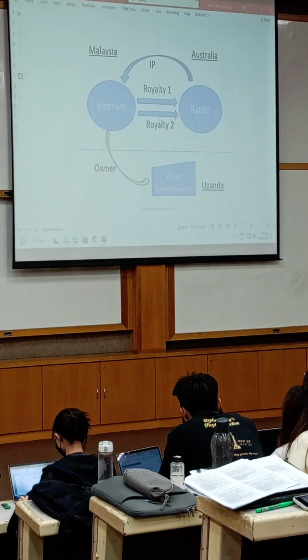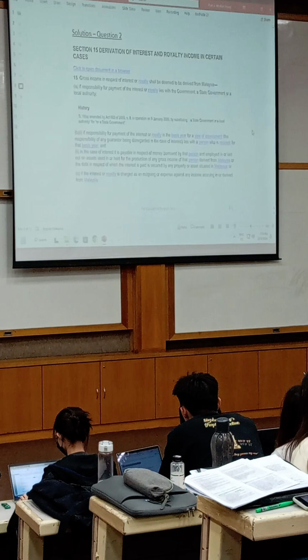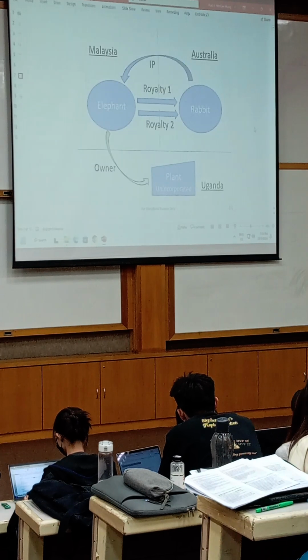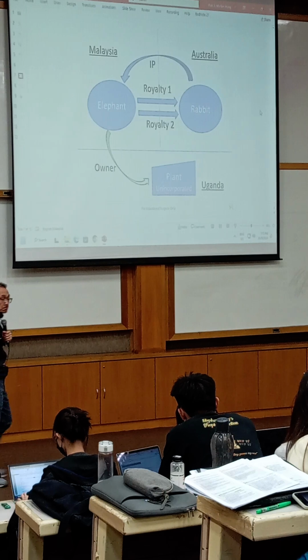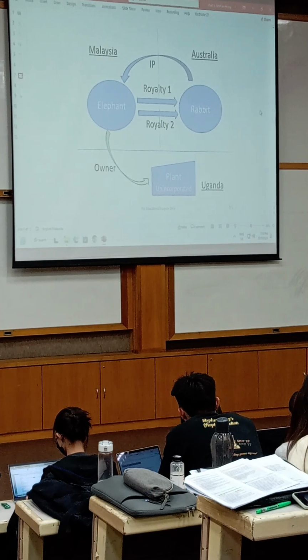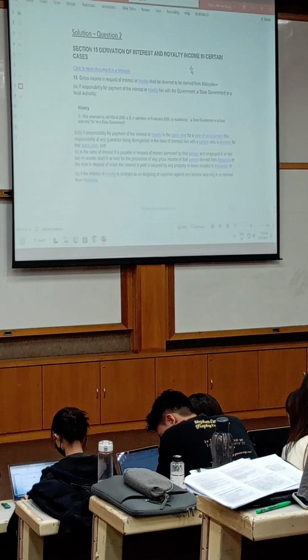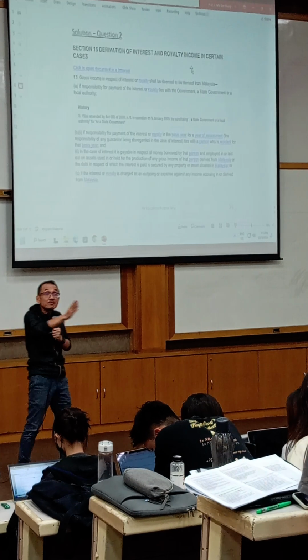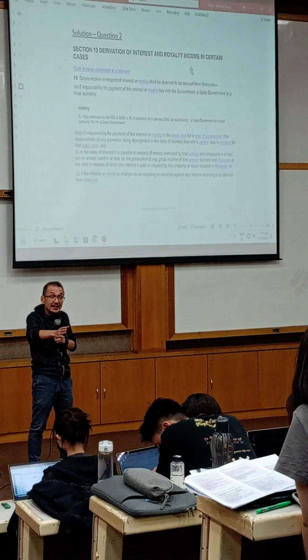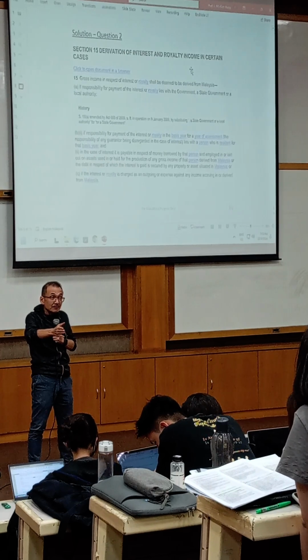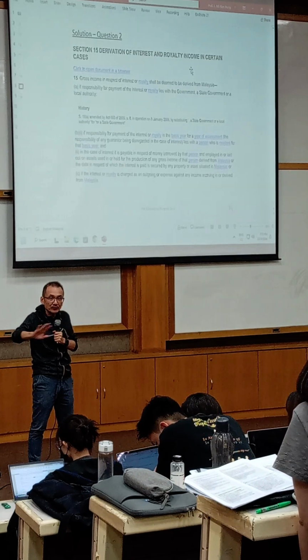Now, let's look at royalty 2. What happens to royalty 2? Royalty 2, will it be subject to tax or not? In Malaysia, back to section 15. 15A is out, 15B1 is there, because the one paying is a resident. Okay, B2, we don't care, we don't look into B2.